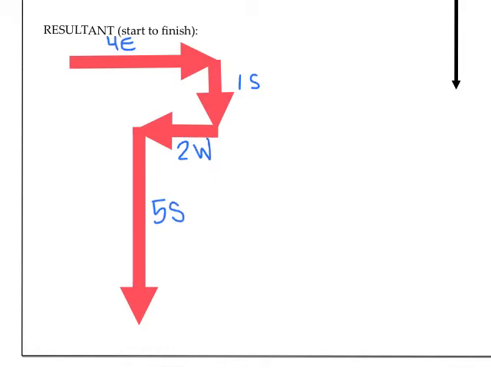So for example, this one that went 2 back to the west, it should end up at about the halfway mark of my first vector that was 4 in length. From this point, when I draw my resultant, since I've lined them all up head to tail, I started at this position and I finished down here, and that's where I'm going to draw my resultant vector from start to finish.